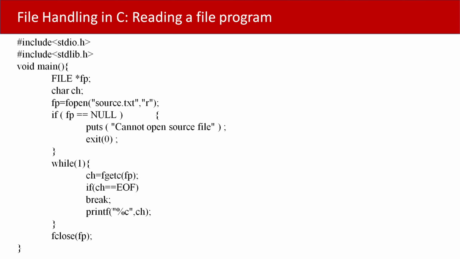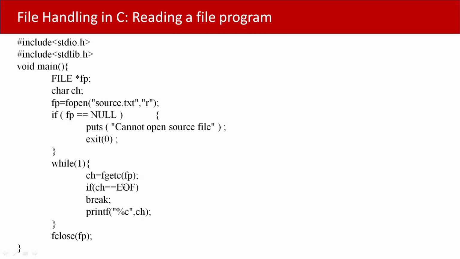It is in a while loop, so it will continue as long as it does not encounter end of file. End of file ASCII value is 26 or EOF. So whenever ch is equal to end of file, you break. Otherwise, it will read and print on the screen.